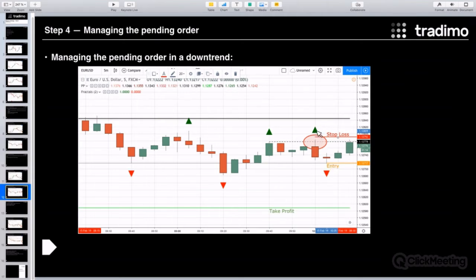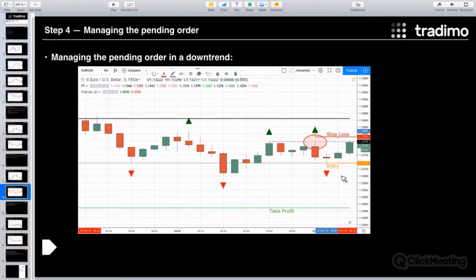If a new up fractal appears in a downtrend, then we move our stop loss to the new level. And if a new down fractal appears, then of course we need to move our entry level in the pending order to the new level. And the same happens with the take profit level. If a new entry level is much higher and a higher pivot line comes into play, then of course we need to change our take profit level as well.